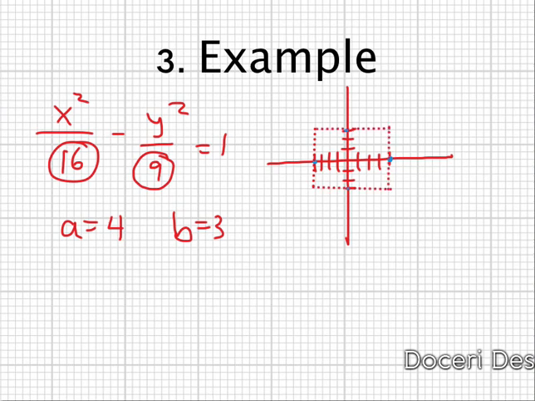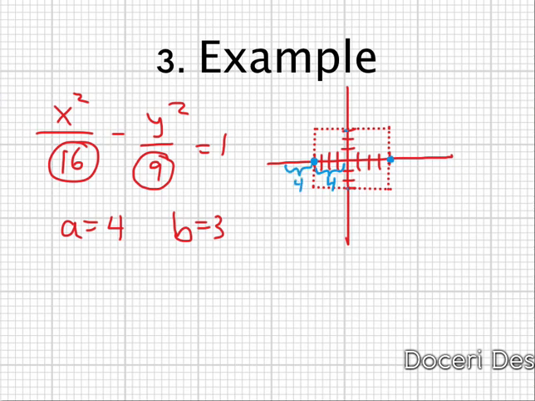And then because this is a hyperbola going left to right, I have to go the same distance from the center to my vertices, which are the bigger of the 2 blue dots. So this length is 4 units. So that means I'm going to go 4 units even further.